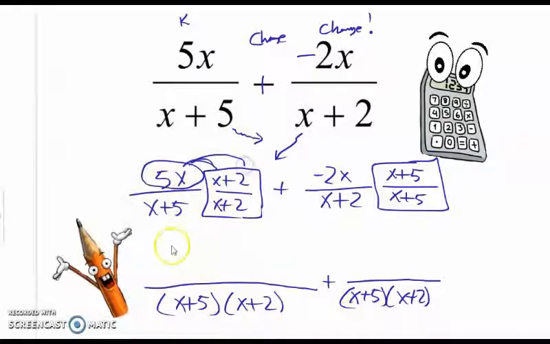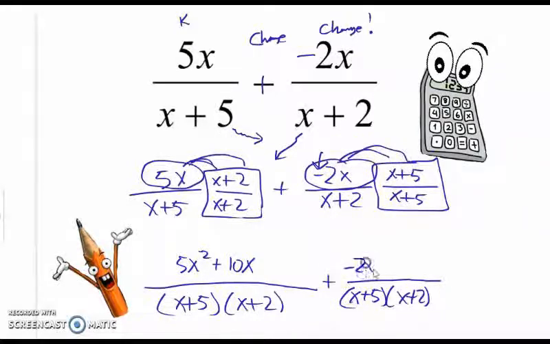We can do this by using the distributive property, or we can also do this by using the box method. So next we're going to multiply negative 2x and x plus 5 to get the next numerator. So rewrite that.